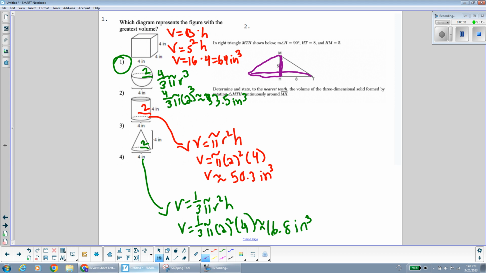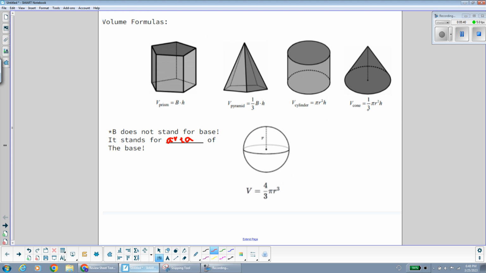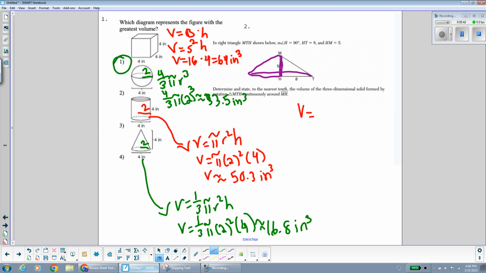So we have a cone over here, and we can see that the height is 5 and the radius is 8. So our volume of a cone formula is 1/3 pi r squared height, and our radius is 8, and our height is 5.